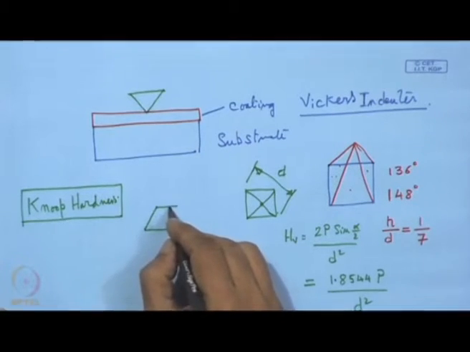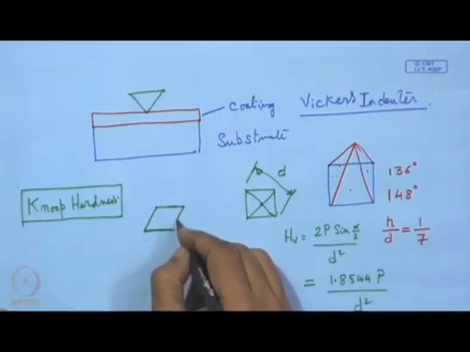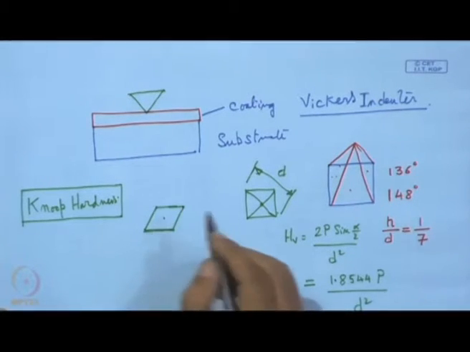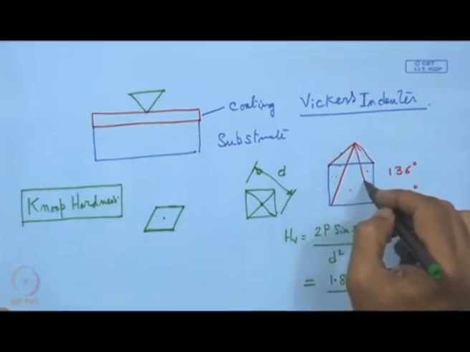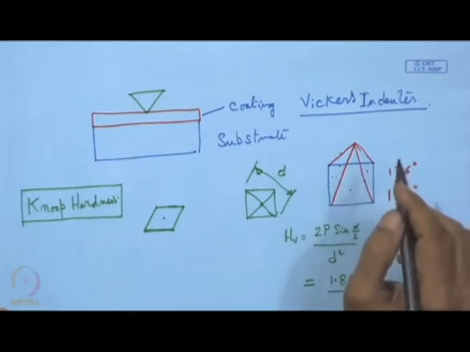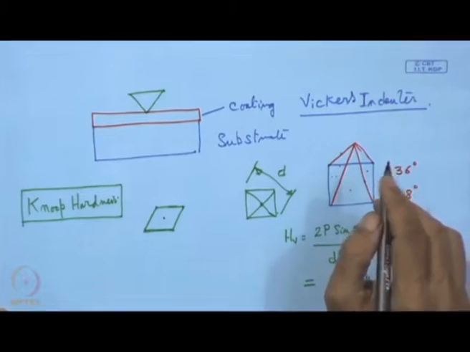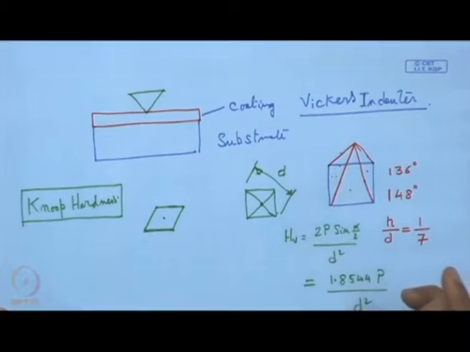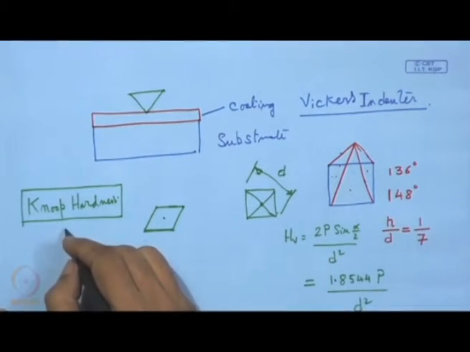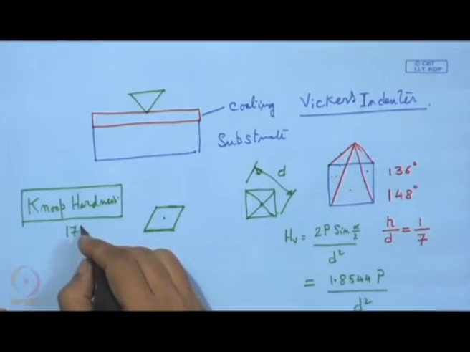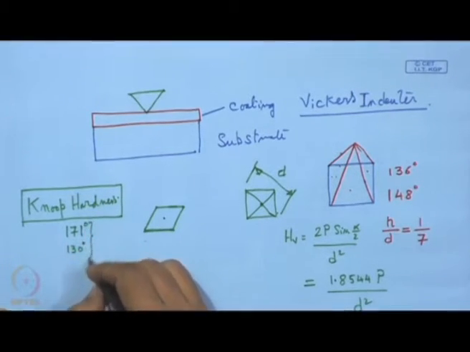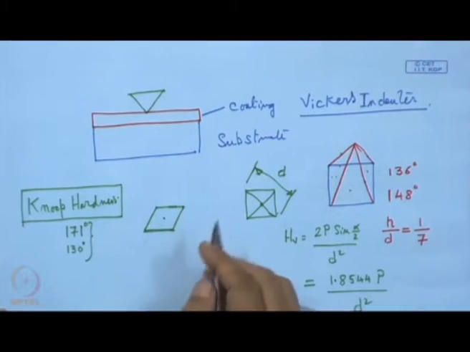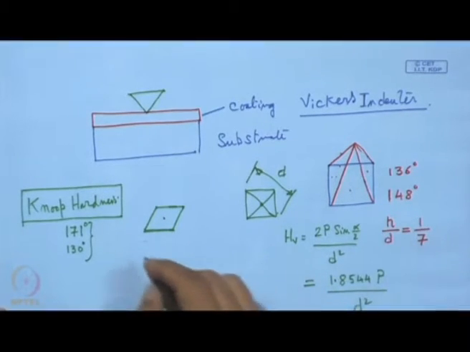So, it is a rhombus, and in this rhombus we have two edges, like these are the two edges or these are the two edges, and this edge angle varies. So, the edge angle will be, in one case it comes out to be around 171 degree, and the lowest one is around 130 degree, and with this, that is the proportion, and with that this h by L.